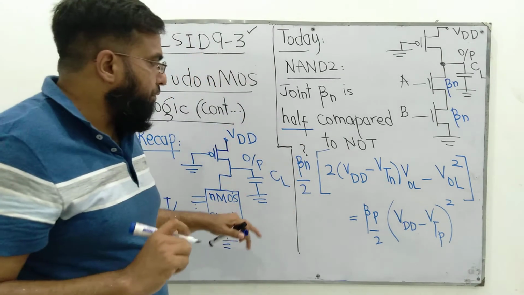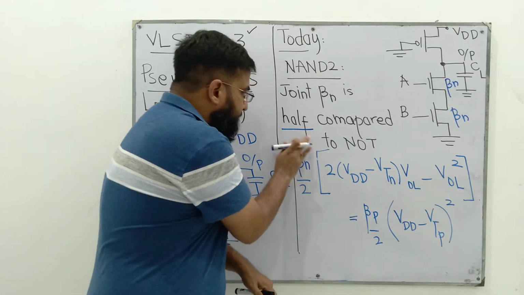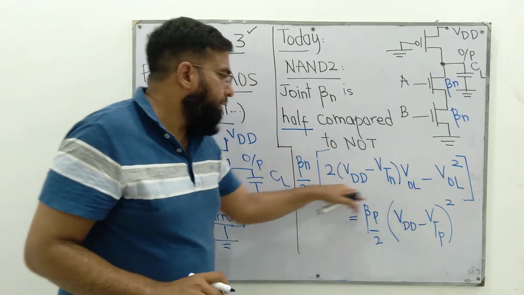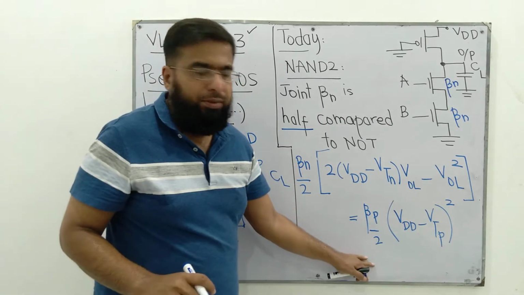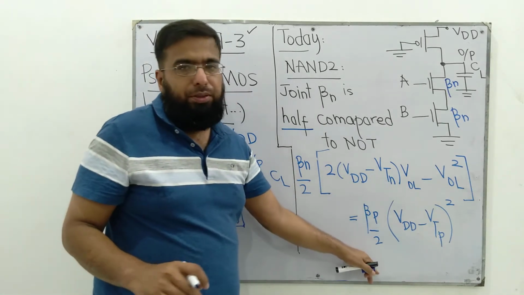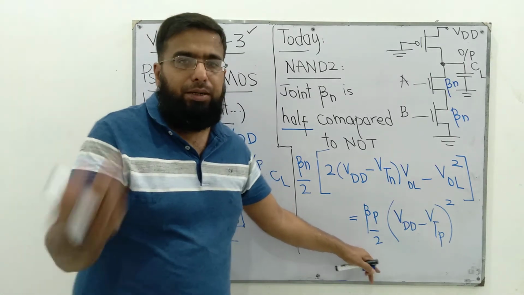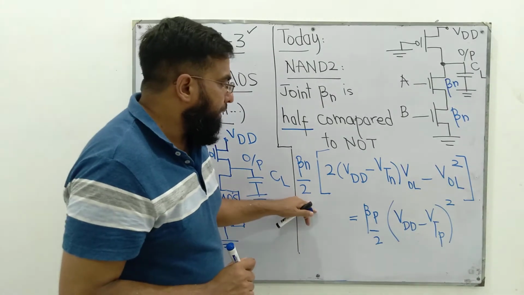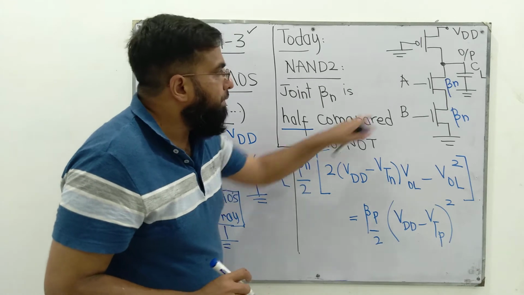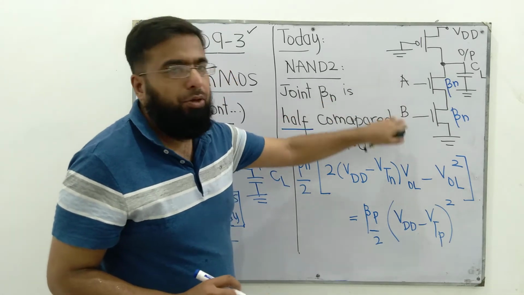In case of NOT we studied the equation when we have one PMOS and one nMOS. That was in last lecture. In this lecture we have these two transistors instead of a single transistor.